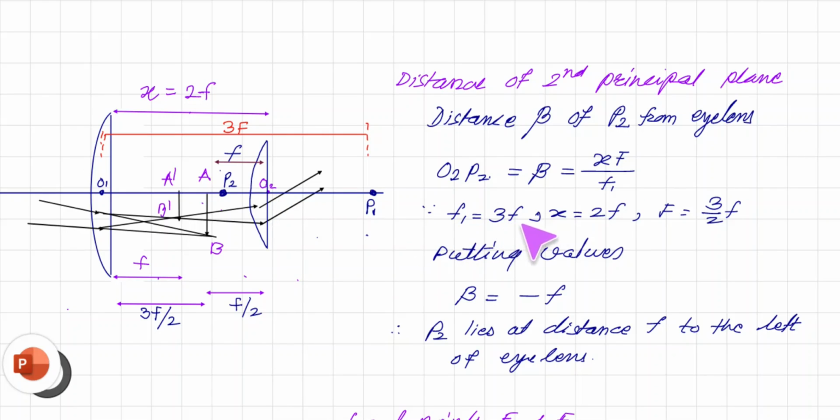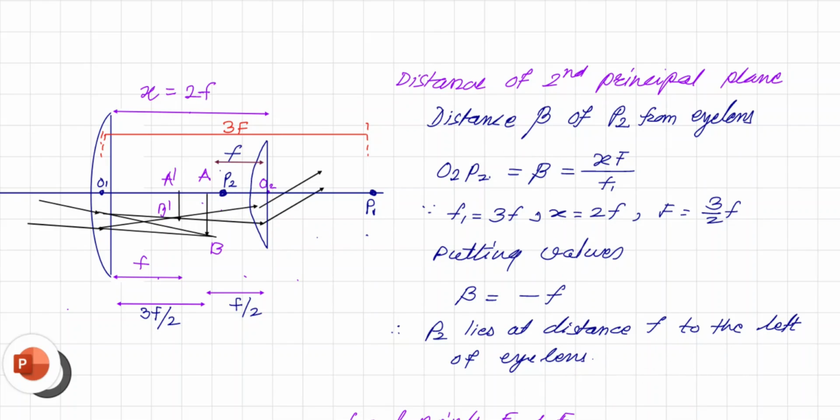Here f1 is equal to 3f, x is equal to 2f. Putting the same values, we get beta is equal to minus f. So from this optical center, the second principal point P2 is at distance minus f, and so P2 lies at distance f to the left of the eye lens.